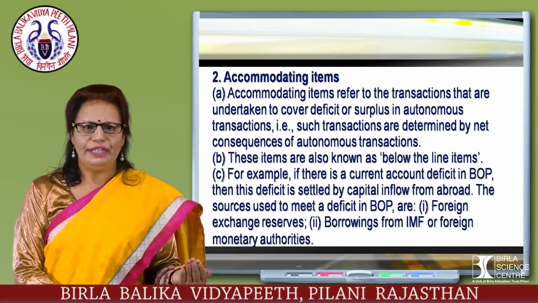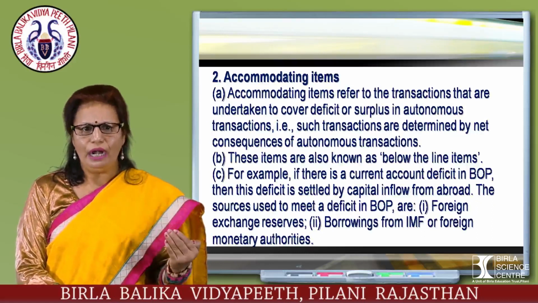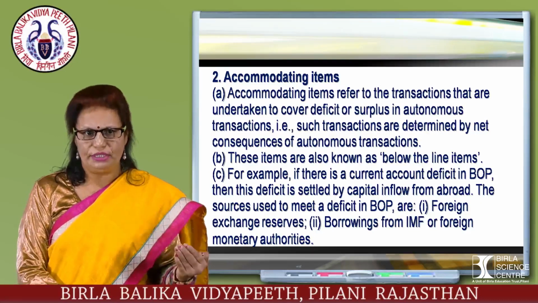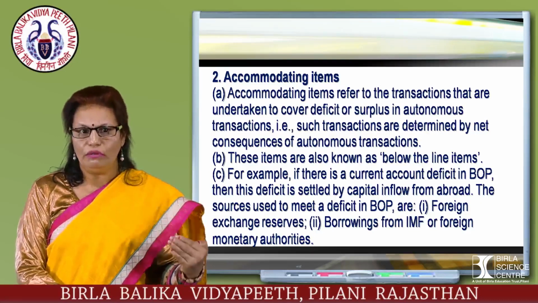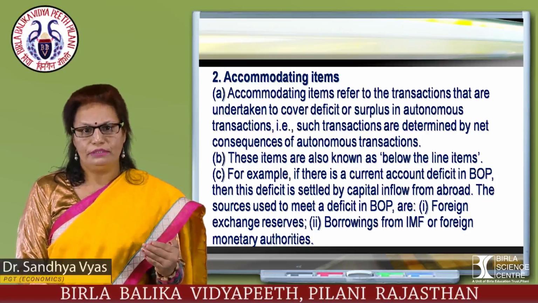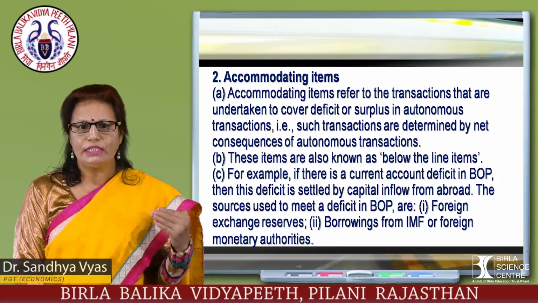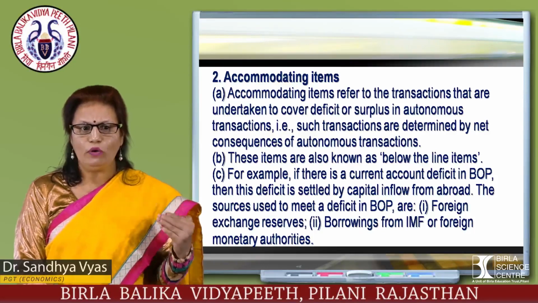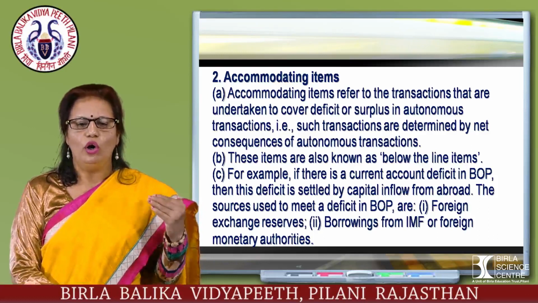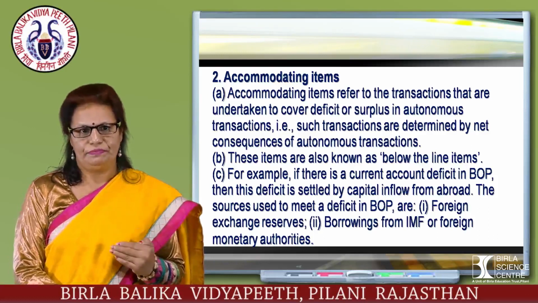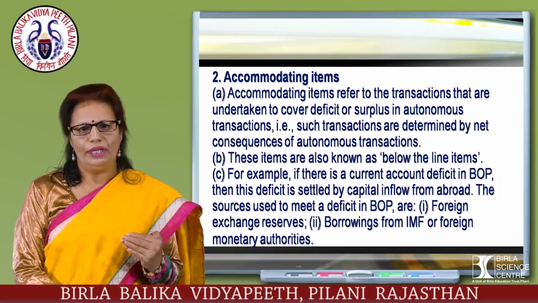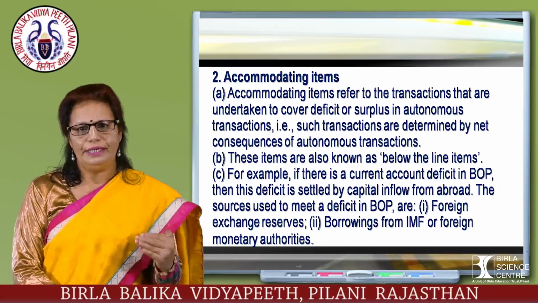Now, accommodating items. Accommodating items refer to the transactions that are undertaken to cover deficit or surplus in autonomous transactions, that is, such transactions are determined by net consequences of autonomous transactions. These items are also known as below the line items.